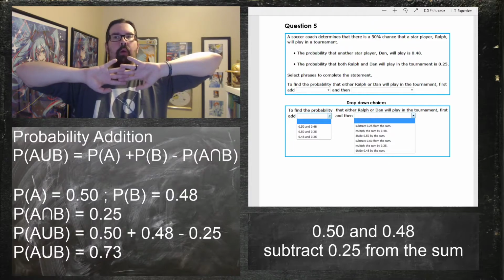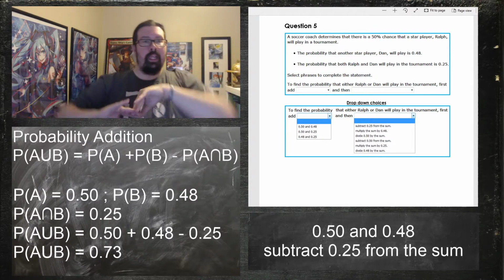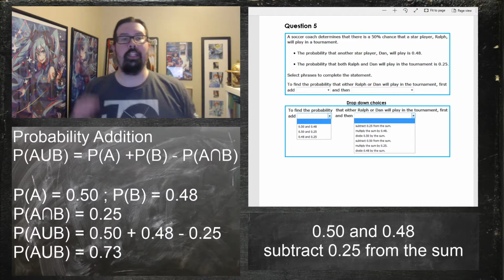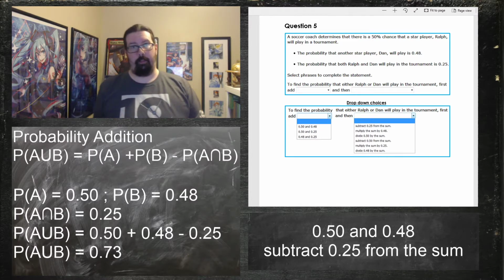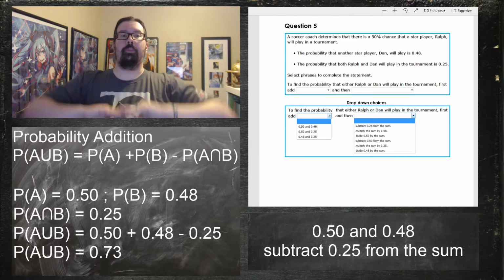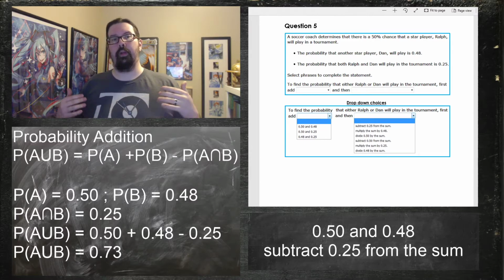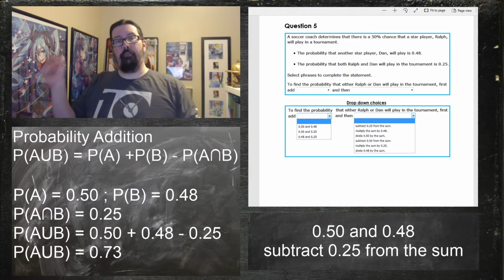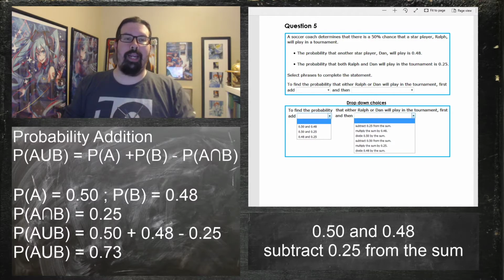That 0.25 is part of the 50%. It's part of the 48%. And the reason we subtract is because you're counting that 25% twice. You're counting it in the 50 and the 48. So you need to subtract that 25.